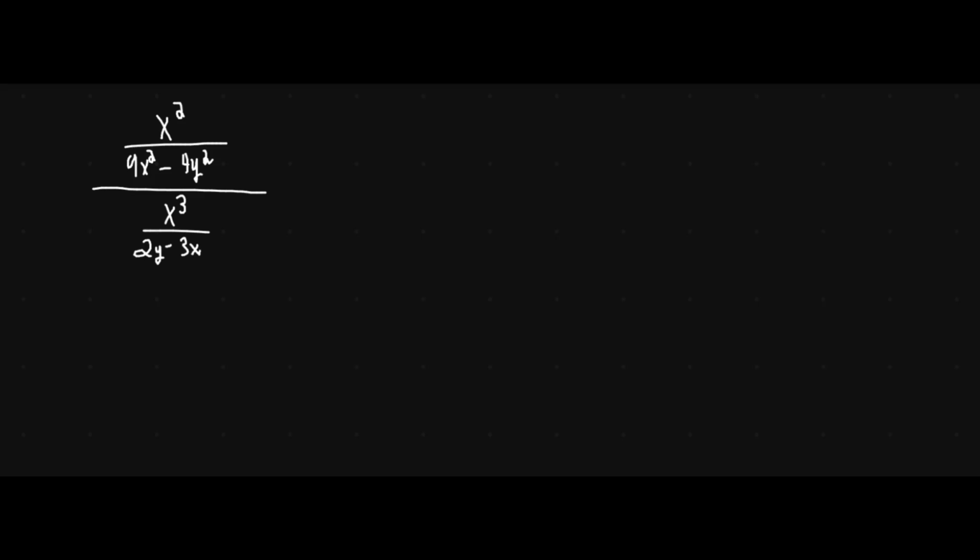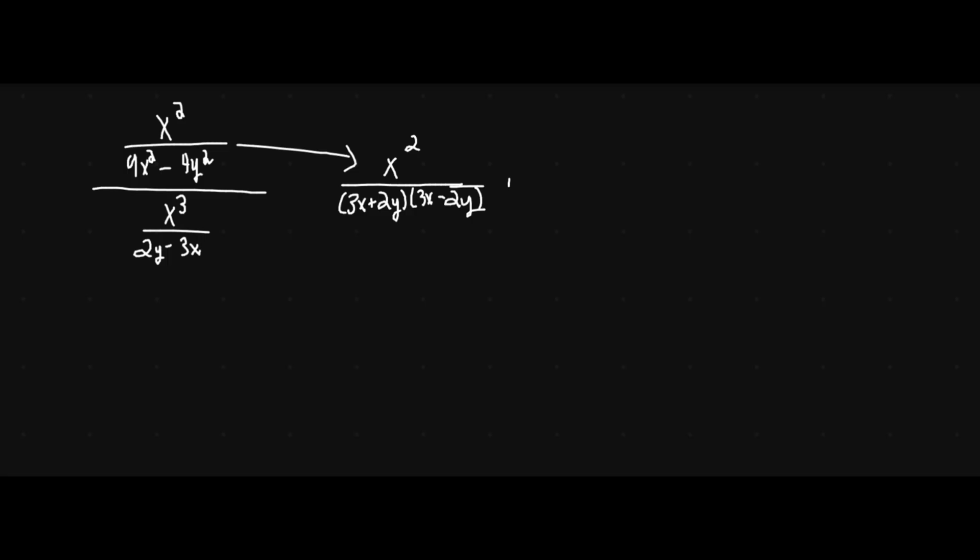Alright, so this is our problem. It looks a little weird, but it's actually very simple. So first what we do, right, we take this. So this one we just write it down. And this one we can just simplify even more. We can do 3x plus y times x minus 2y.